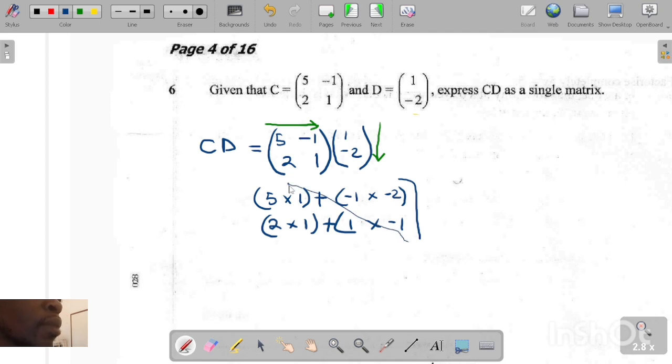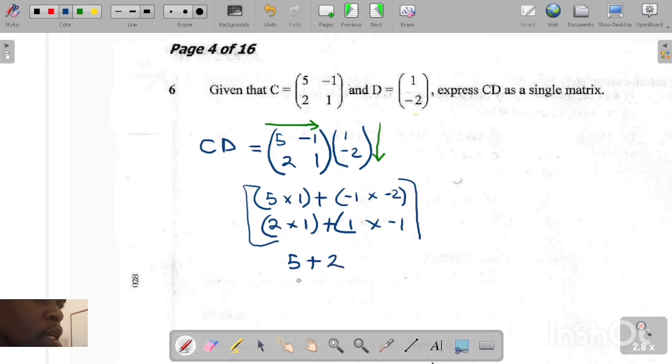Because these are matrices, everything should be in brackets like this. Then we simplify. 5 times 1 is 5, plus -1 times -2 is +2.